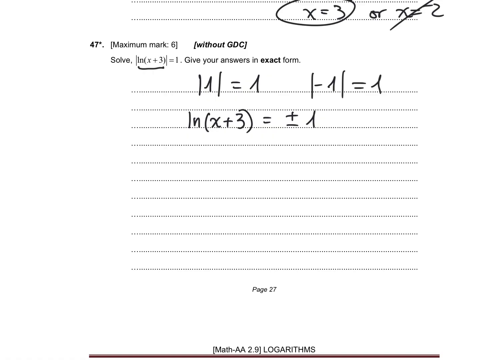All right? So we can write this exponentially. Either base e to the 1 is x plus 3, or e to the -1 is x plus 3. And x is going to equal e minus 3, or x equals 1 over e minus 3.